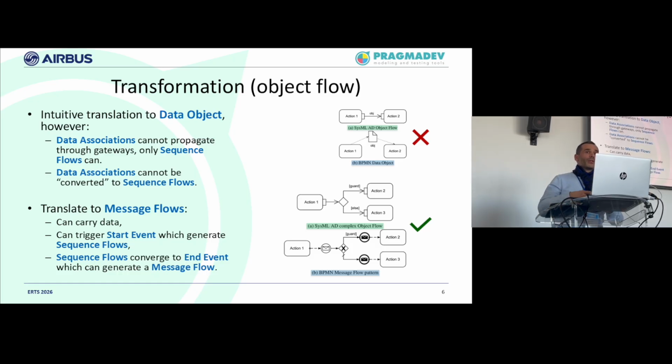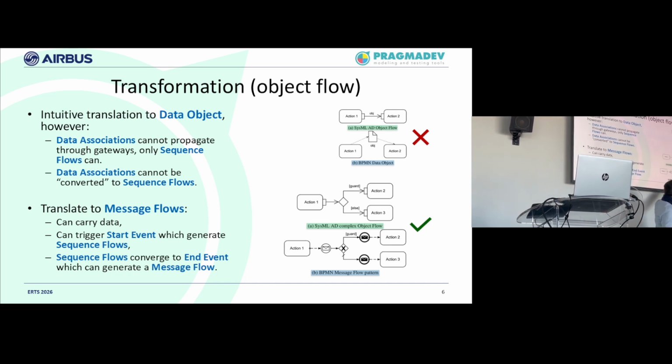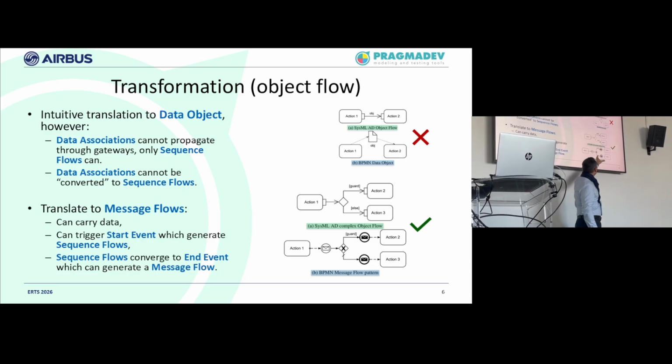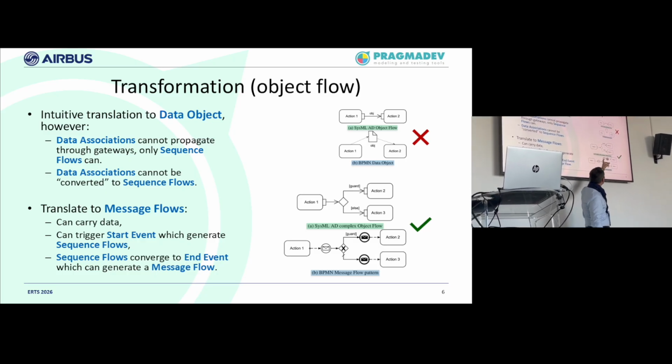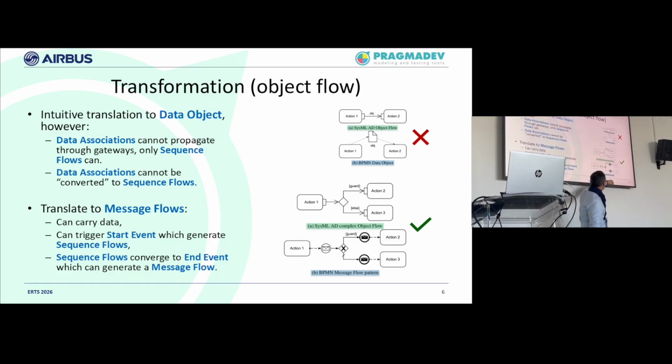Triggering of the start event concept in BPMN can then trigger sequence flows. It is this part here. So basically, we go from the object flow to a message flow in a start event of type message, which triggers the sequence flow, which then can go through the same type of flows that the object flow does in the activity diagrams.